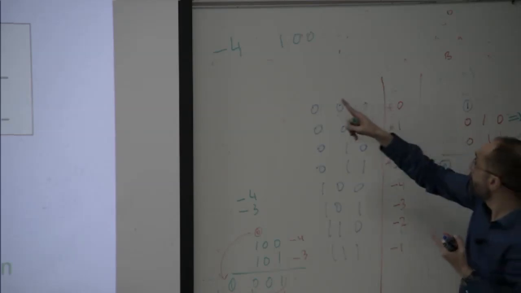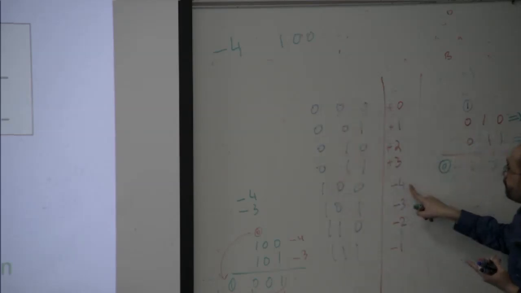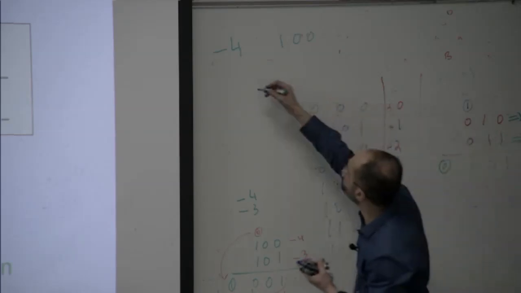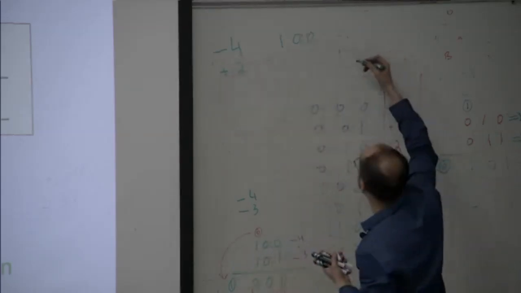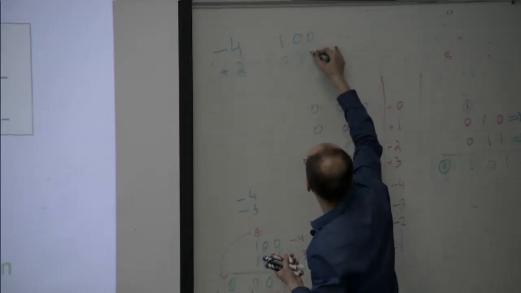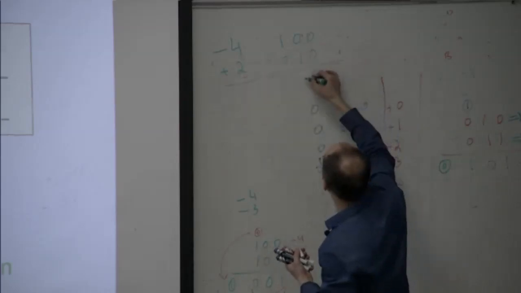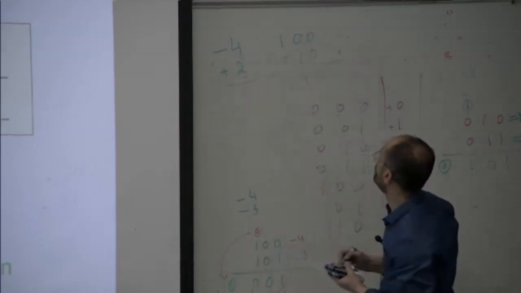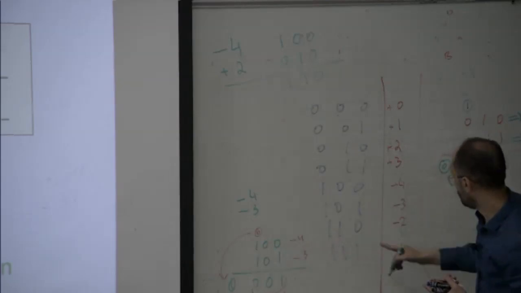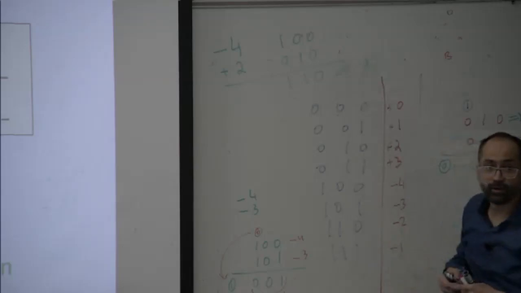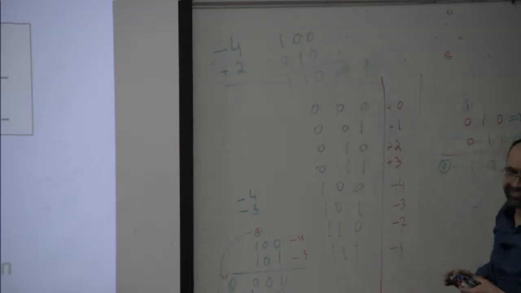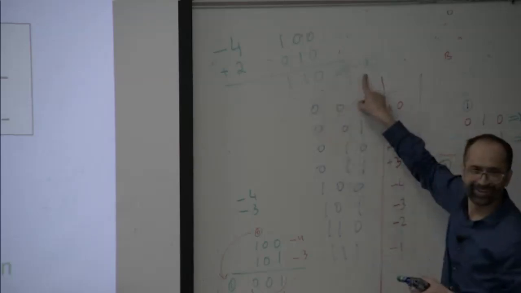So we want to add -4 and then +2. What is the code? 0 1 0. So what's the result? 1 1 0. 1 1 0 is what? -2. Correct or incorrect? Correct. -4 + 2 is -2.